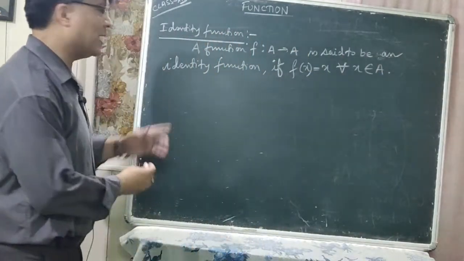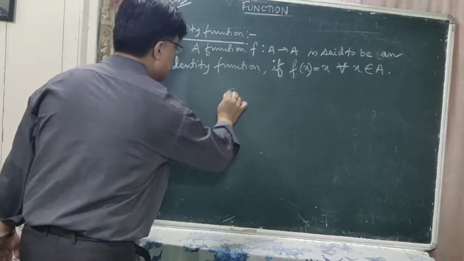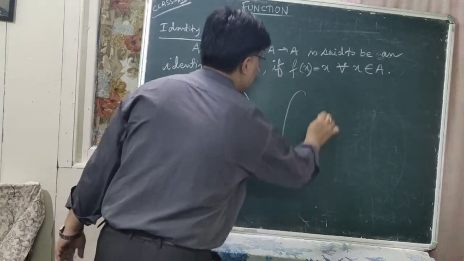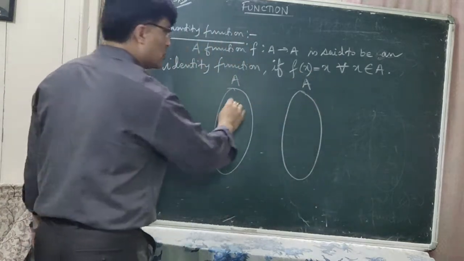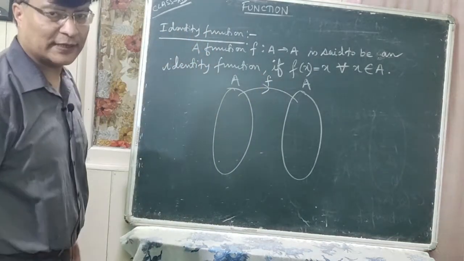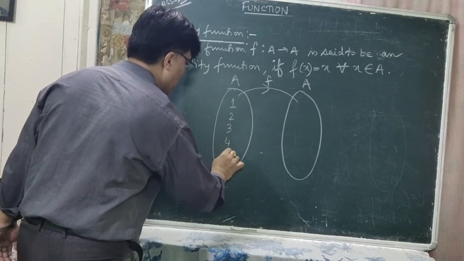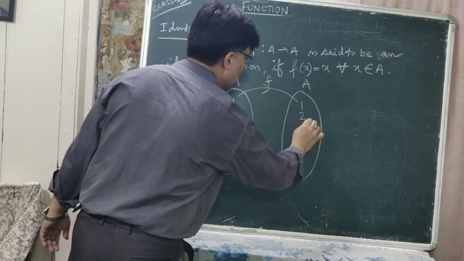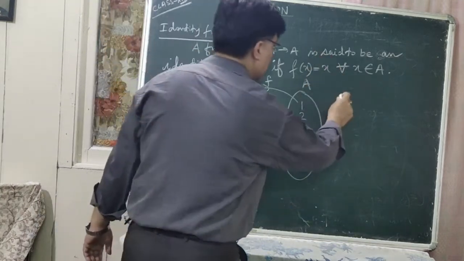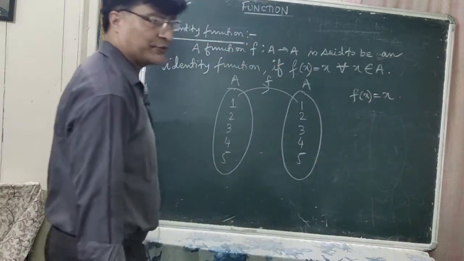I was giving an example of identity function. Suppose this is set A, and this is also set A, connected by a function f or relation f. Suppose this is 1 2 3 4 5, and this is also 1 2 3 4 5. Now the function is defined as f of x is equal to x.